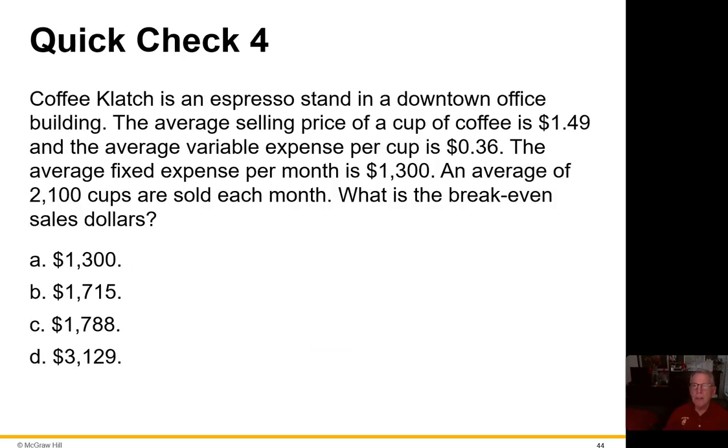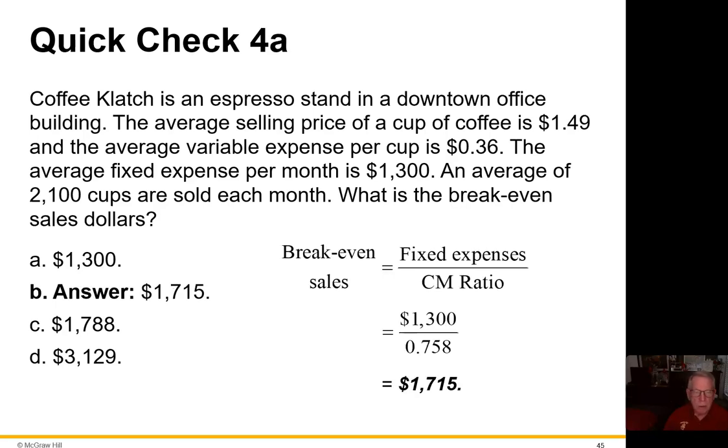Okay, so Coffee Klatch, same scenario here. What's the break-even point in sales dollars? So what we would do is calculate the contribution margin ratio. We know the fixed expenses of $1,300. We calculated that previously at 0.758.